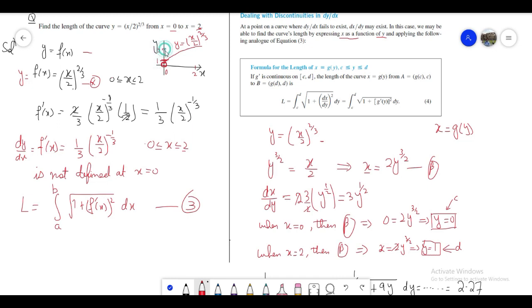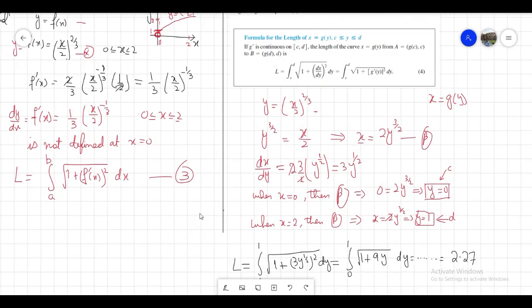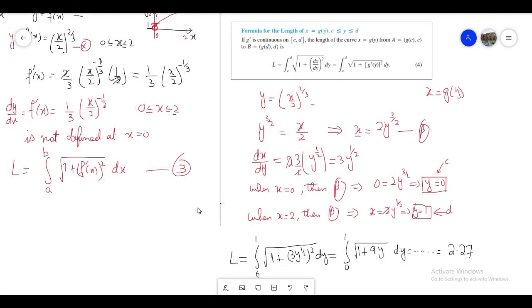So the arc length of this curve is 2.27. So this is how we have handled the discontinuity by using the other method, changing the variable. We can find the arc length if we find a discontinuity at dy/dx, by transforming it to dx/dy.